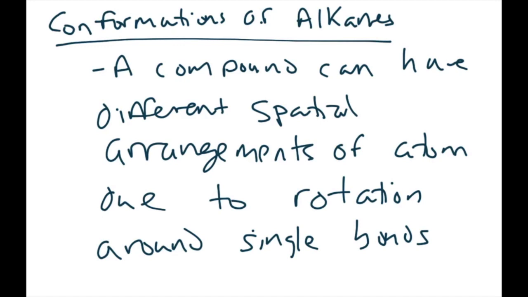So these different looking compounds are called conformations. I'm going to show you an example here in a second. So I'm going to click over. That is butane, no problem, super easy.